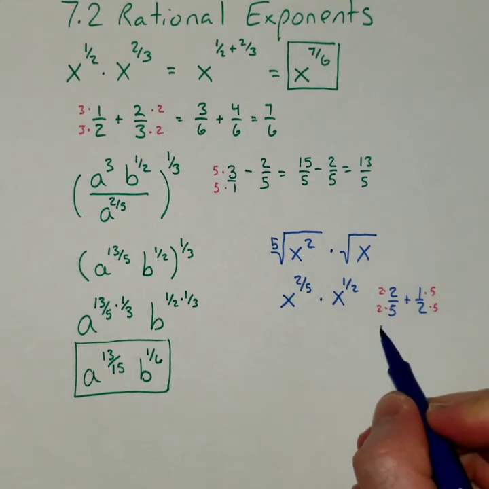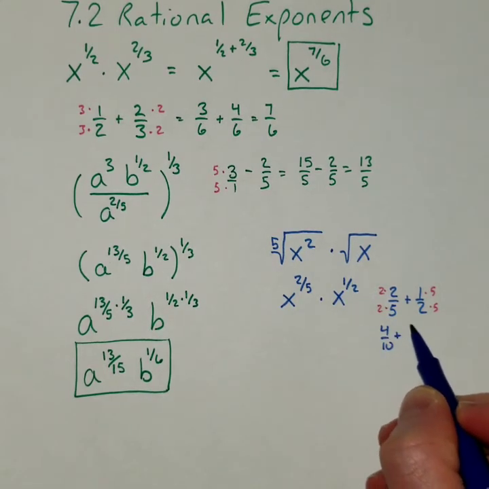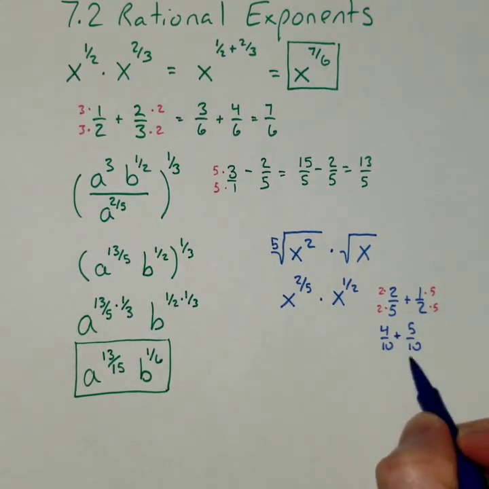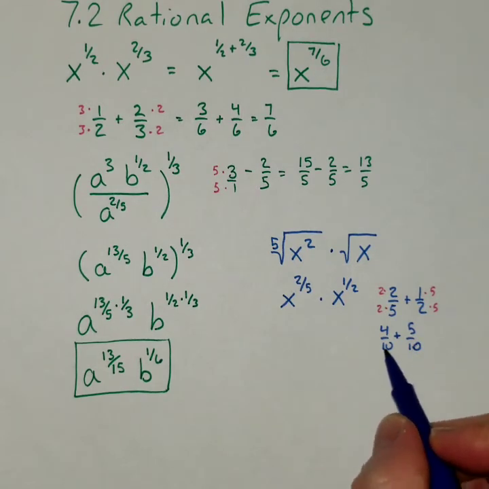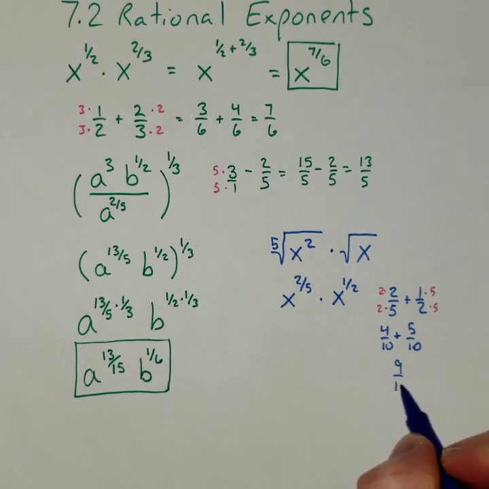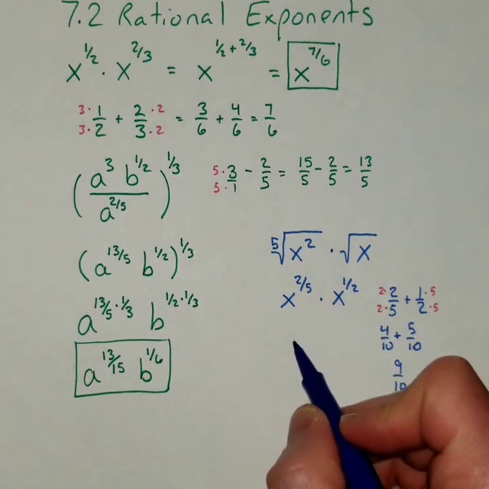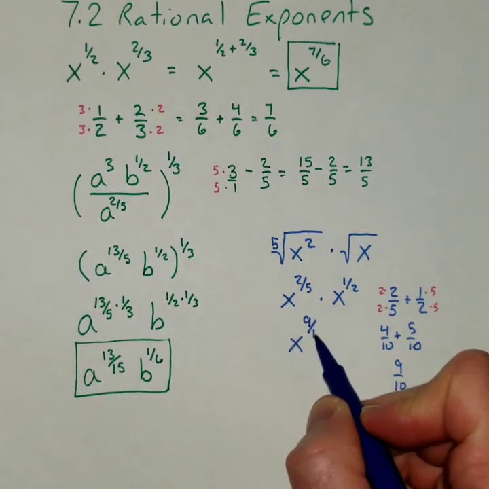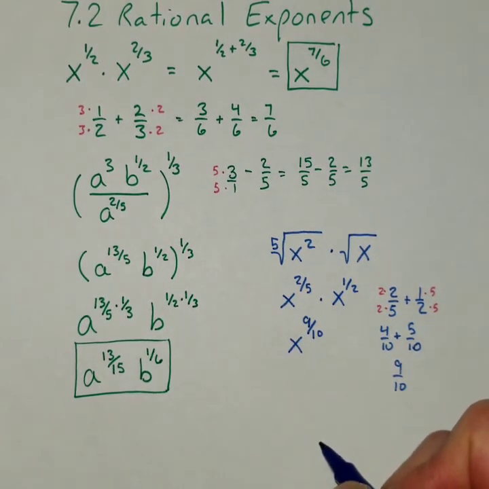That would be, what, 4/10 plus 5/10. And 4/10 plus 5/10 makes 9/10. So this combination is really x to the 9/10 when you add those fractions up.